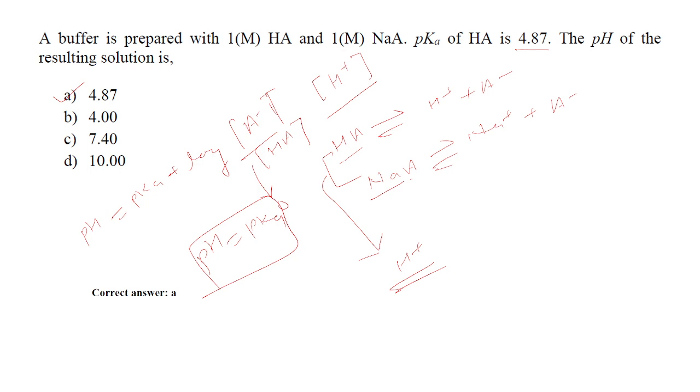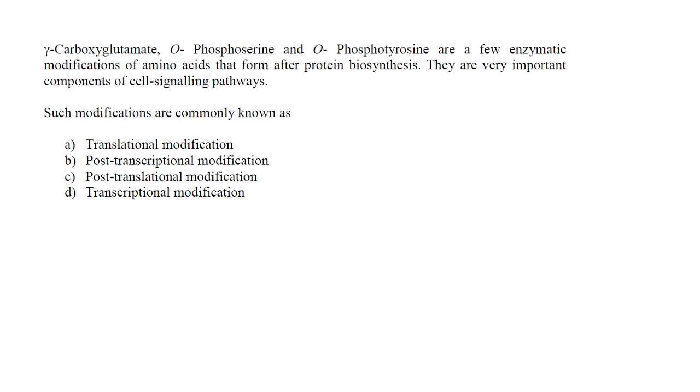Okay. So next question: gamma-carboxyglutamate, phosphoserine, or phosphotyrosine are a few enzymatic modifications of amino acids that form after protein biosynthesis.